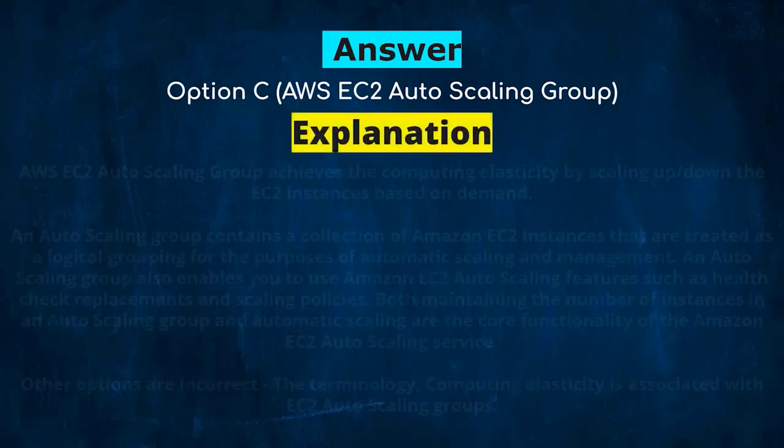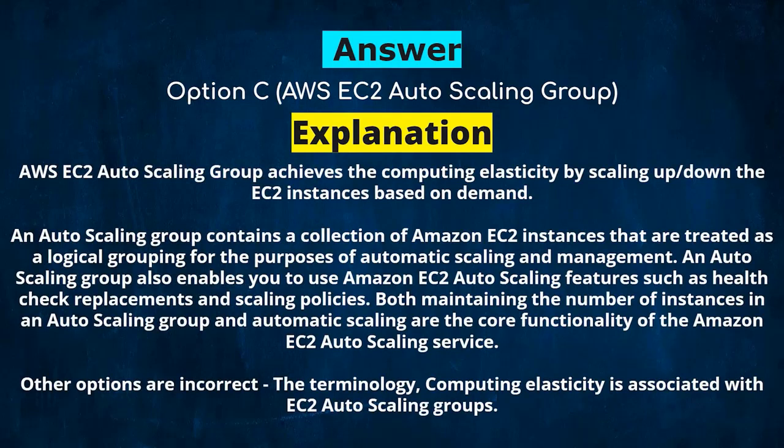Explanation. AWS EC2 Auto Scaling Group achieves the computing elasticity by scaling up or down the EC2 instances based on demand. An auto scaling group contains a collection of Amazon EC2 instances that are treated as a logical grouping for the purposes of automatic scaling and management.